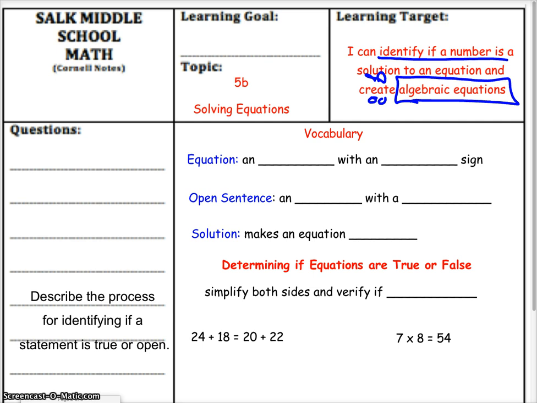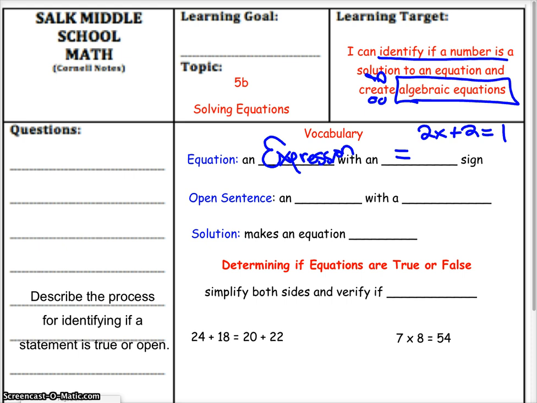All right, so you need some vocab. An equation is an expression with an equal sign. For example, 2x plus 2 is an expression. You're just saying 2x plus 2. You can't solve that. An equation is when you can solve it. You better have it equal something.